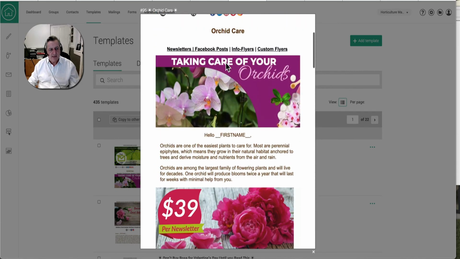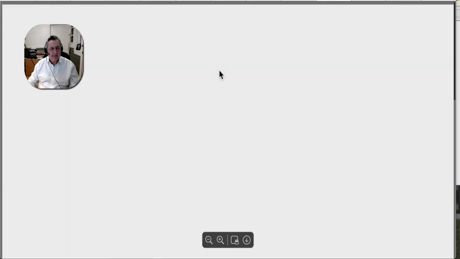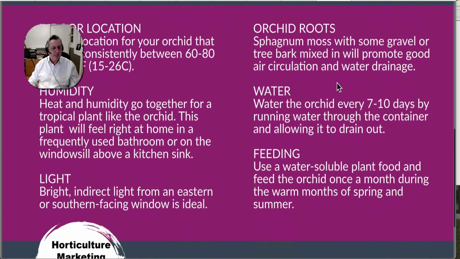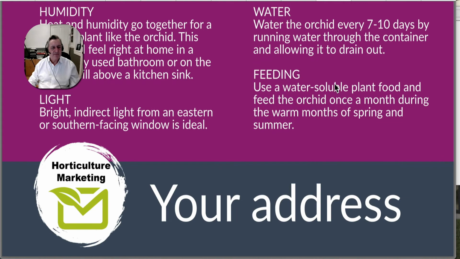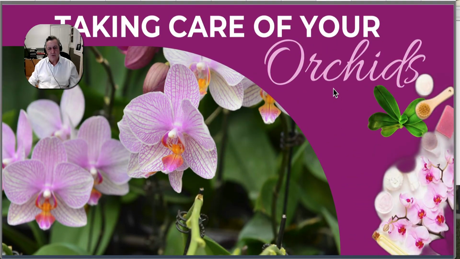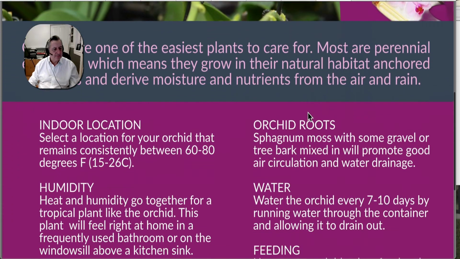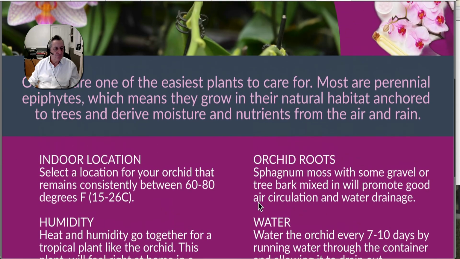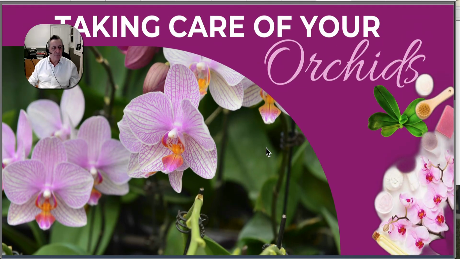So if I click on it, it takes us to this page. It's an informative flyer that we can send attached to your newsletter, and we can post it on your Facebook page as well. We add your logo and your address, and it's a nice way to promote and give more information on your different platforms.